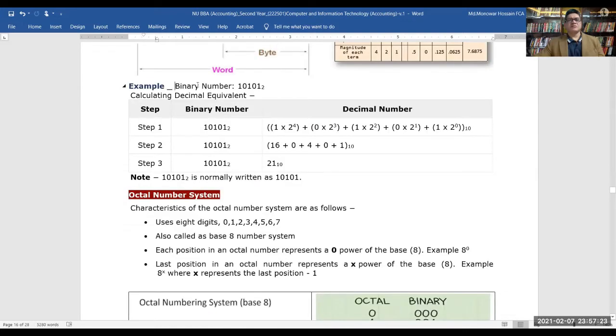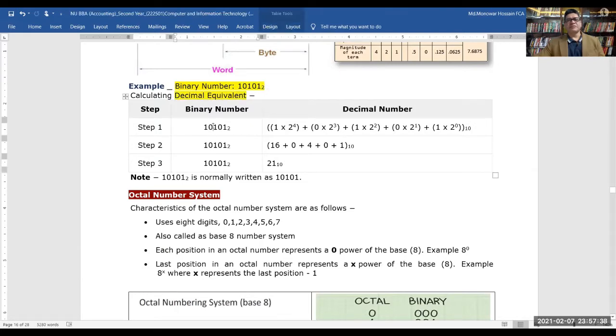Let's take an example, a binary number 10101. We are going to calculate its decimal equivalent. This binary number we can represent this way.